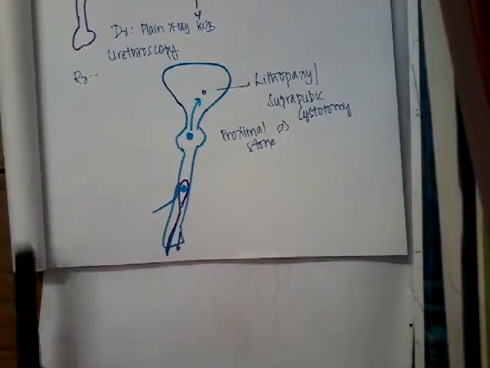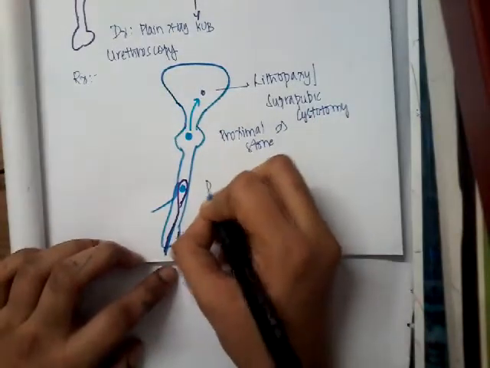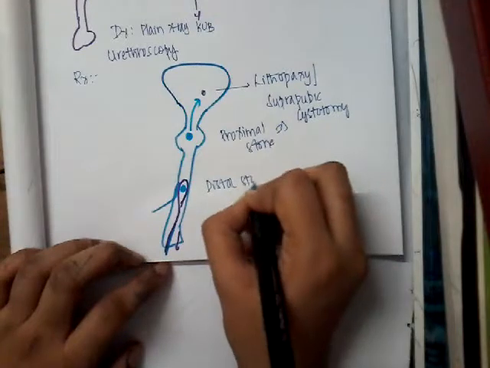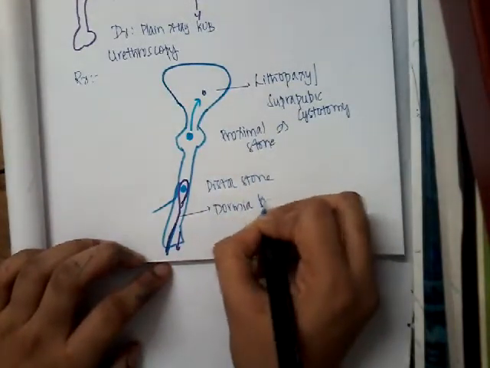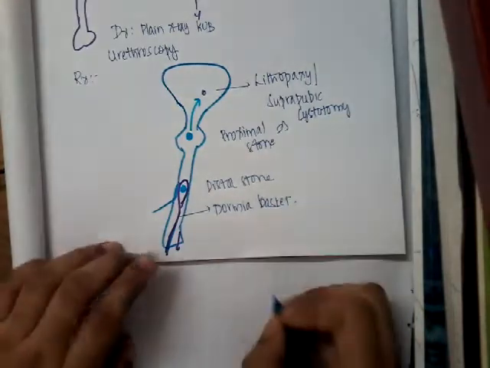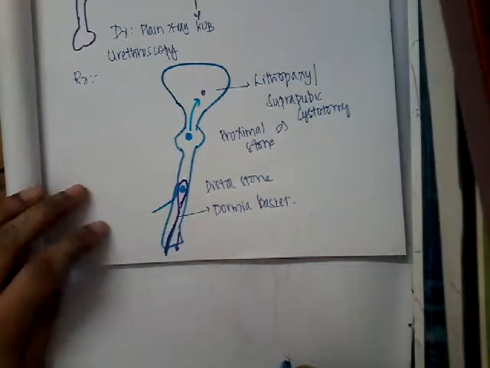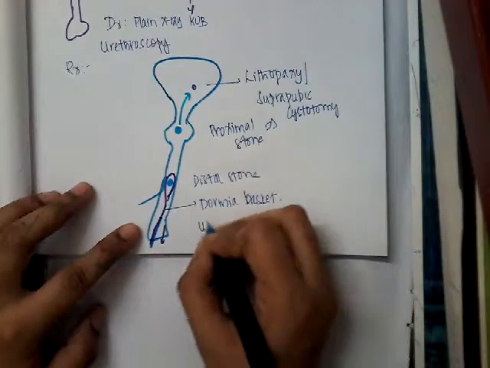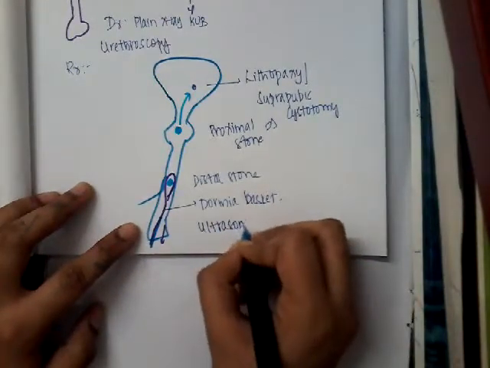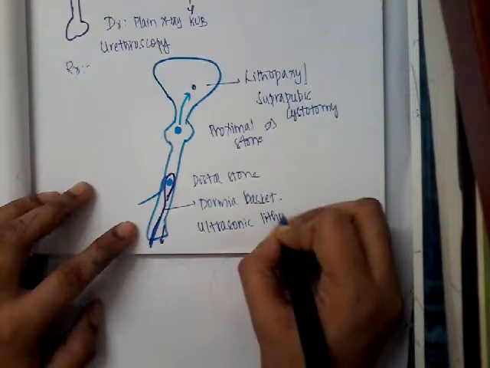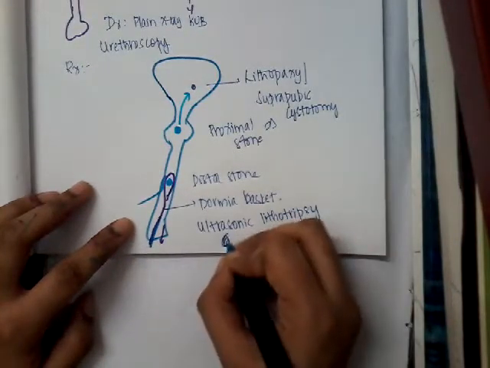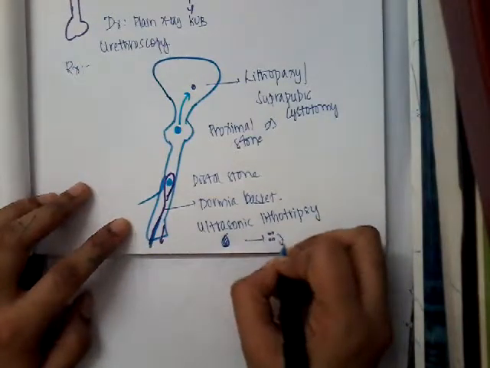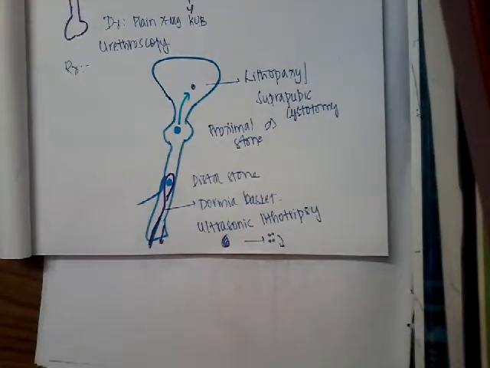That is if it's a distal stone. If you can't use this basket, then you can do ultrasonic lithotripsy, where you pass ultrasonic waves, and with the help of the waves you fragment the stone into pieces, and these fragments will pass down. So these are the different ways of treating urethral calculi.